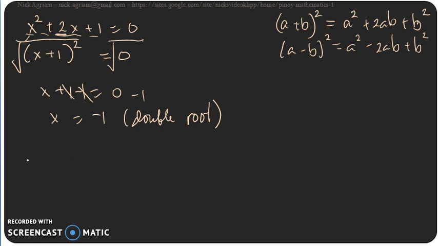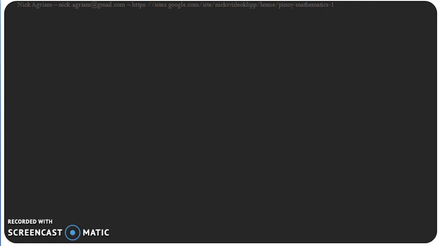Okay, let's take more examples on perfect square. We have x squared plus 12x plus 36, is equal to 0. This one is 6 squared plus 2 times x times 6. And then this is x squared.